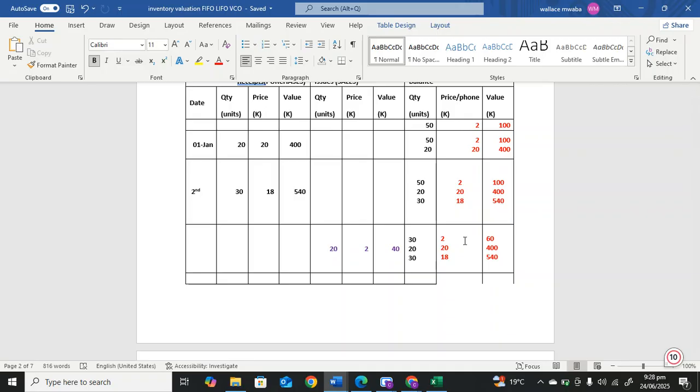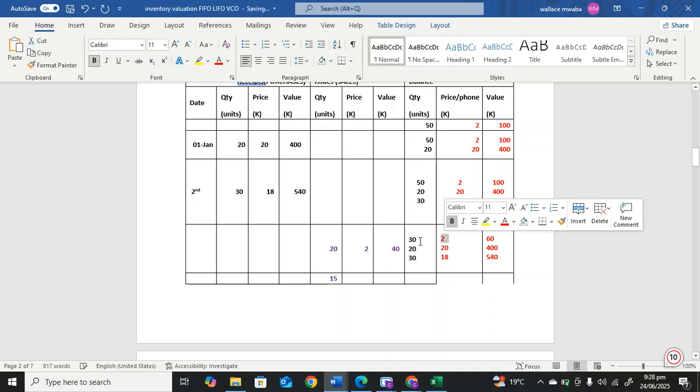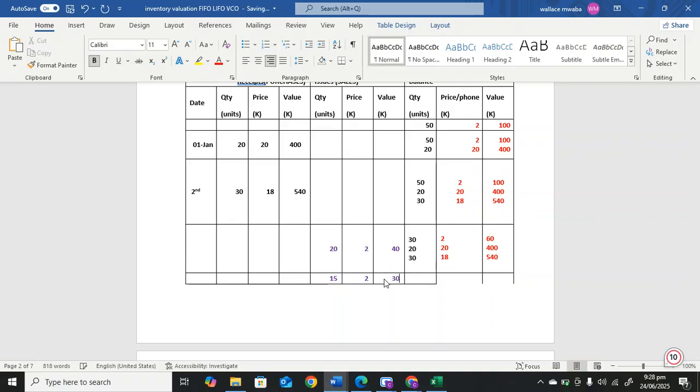So we value them at the cost of the inventory that was there first. 15 times 2, that is 30.